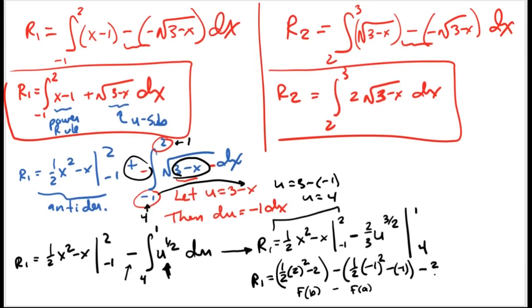Then we have minus 2/3, 1 to the 3/2 power, minus 2/3, 4 to the 3/2 power. We need a new slide to continue here.